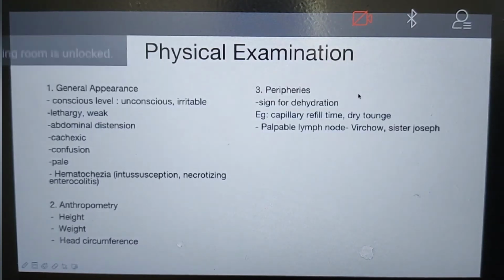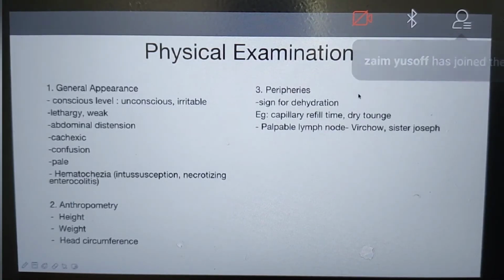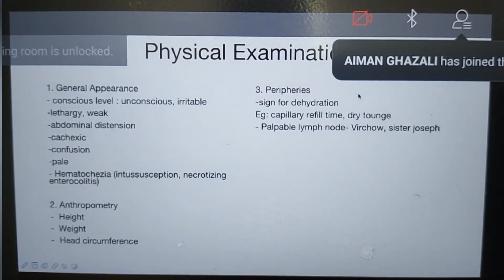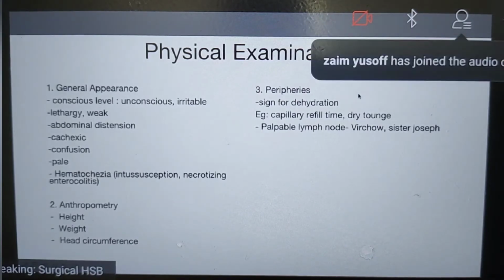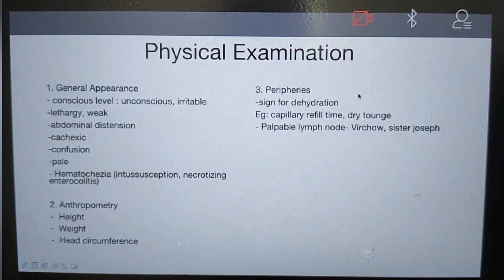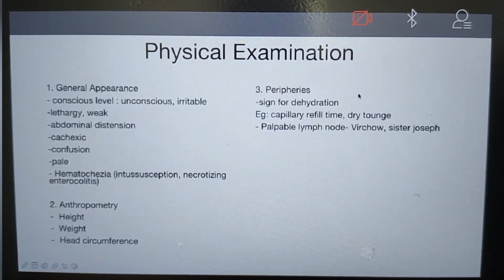For physical examination, as usual, we must first see the general appearance: whether the patient is conscious or irritable, lethargic or weak, and any obvious abdominal distension, confusion, or hematochezia.